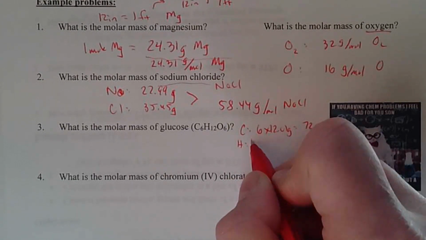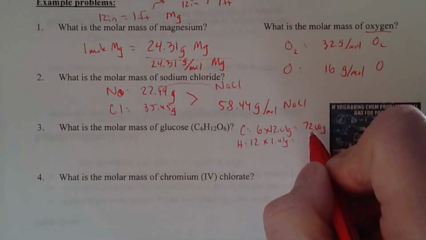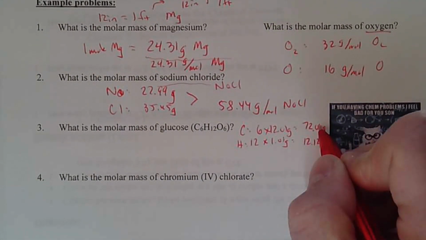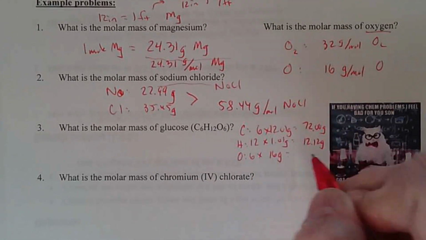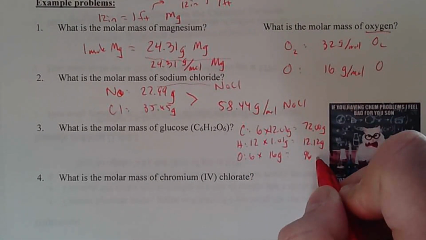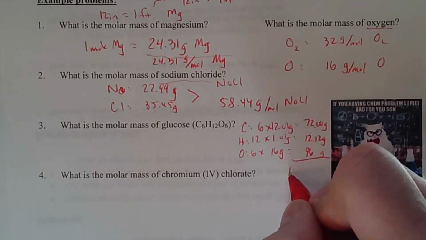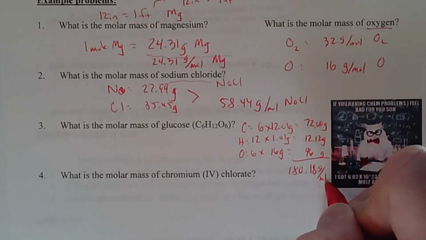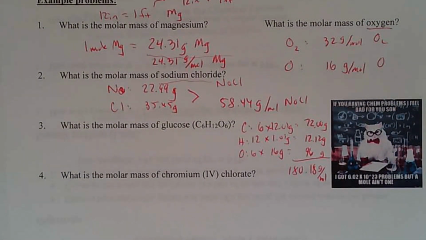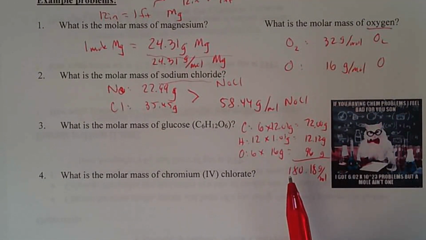Hydrogen is 12 times 1.01, which is the mass of a single hydrogen, 12.12. And the oxygen is 6 times 16, roughly 96 grams. We add all that up, and you get roughly 180.18 grams per mole for the molar mass of glucose. Again, you can write that as 1 mole of glucose is equal to 180.18 grams of glucose.